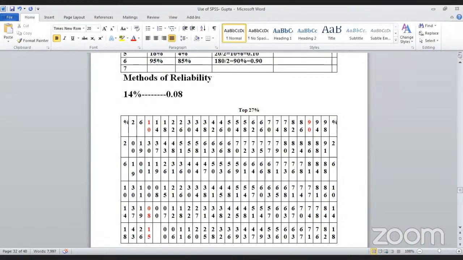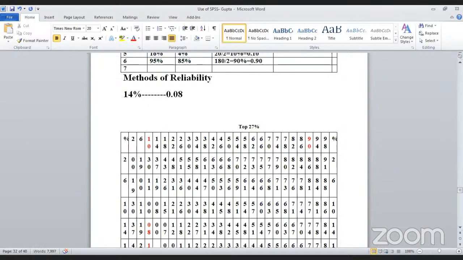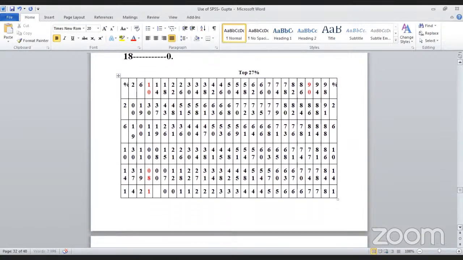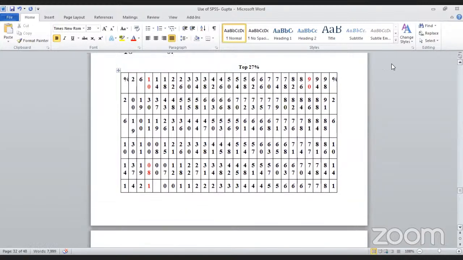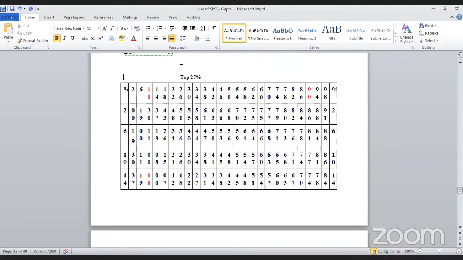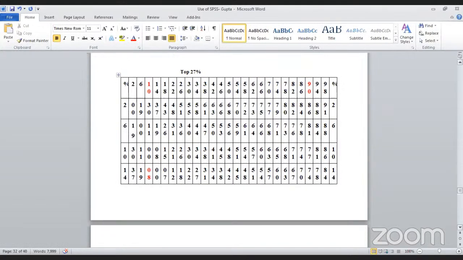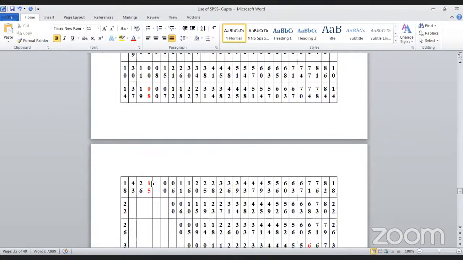And when it is 18, then the value is 0.15, not 0.18.